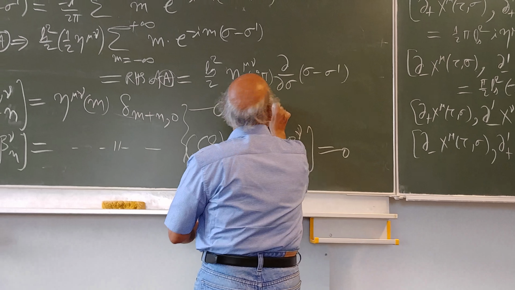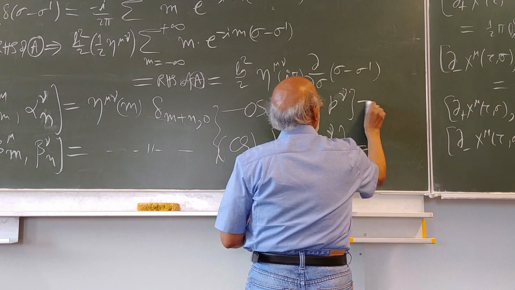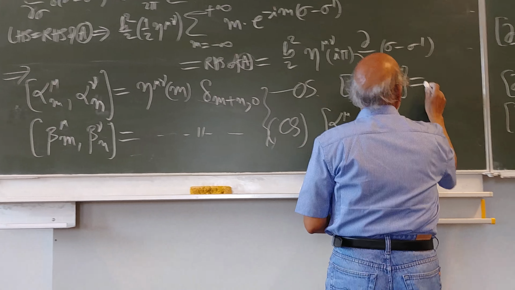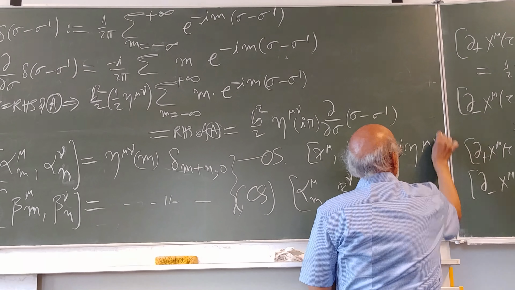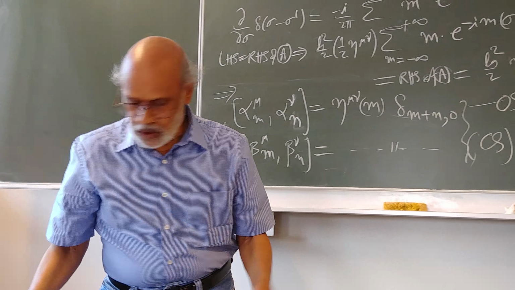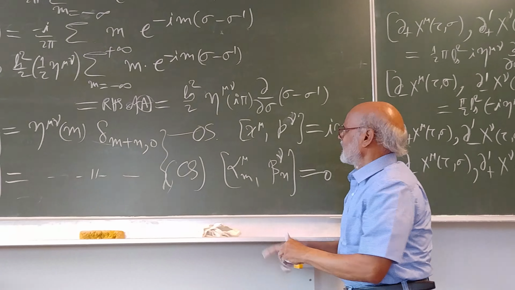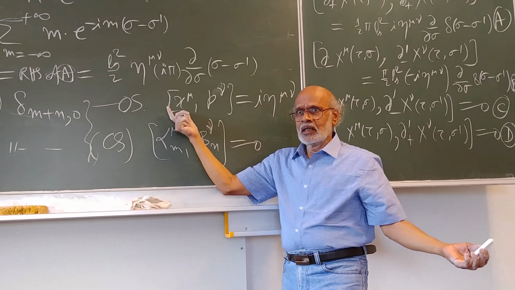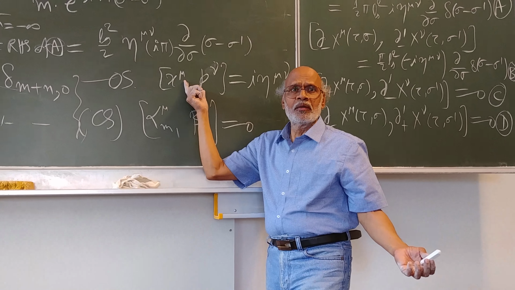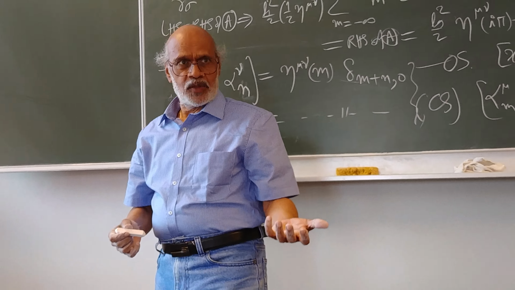In addition, in both the cases, you can additionally have this equals to i eta mu nu, and that would complete. So x nu would be 0, p nu would be 0. These are the center of mass coordinate of the string, and this is the momentum of the string that we talked about in the Fourier expansion modes of the x nu.